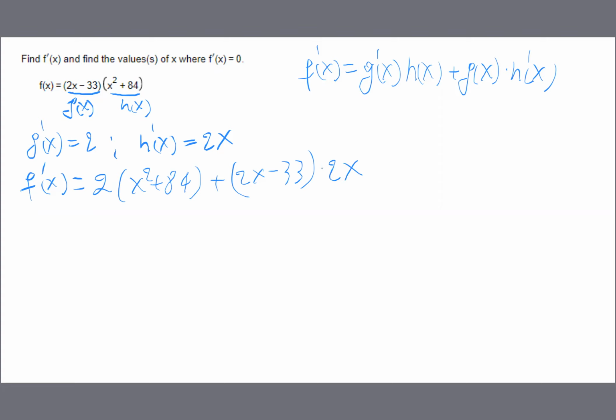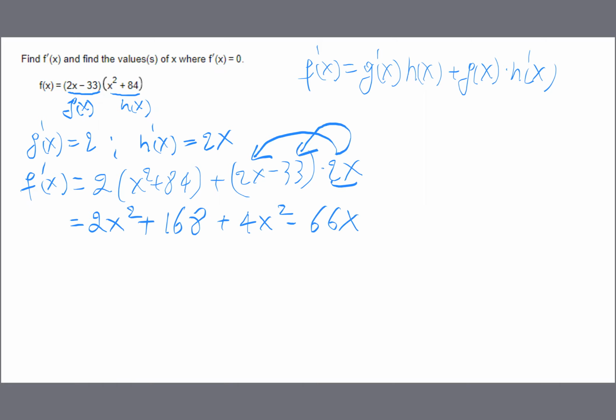Let's simplify this. 2x squared plus 2 times 84, 168, plus 4x squared minus 66x. I distribute 2x into 2x and 2x into 33.